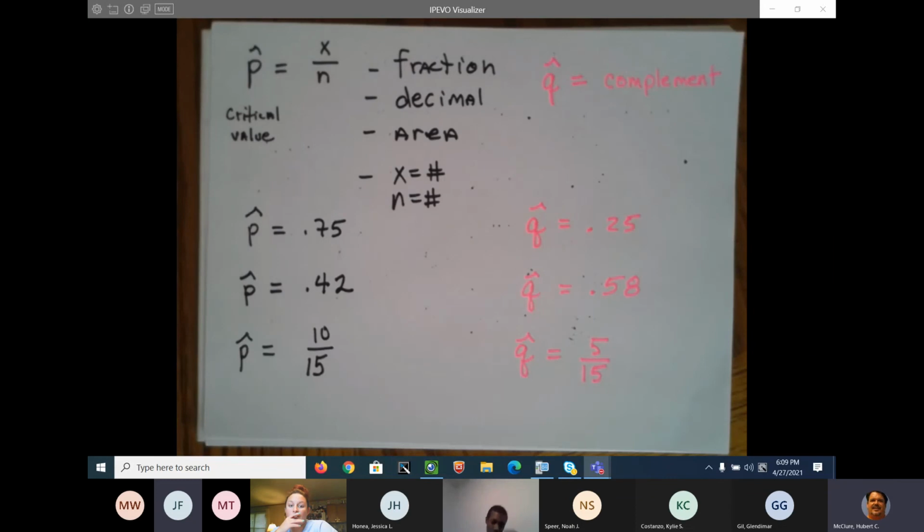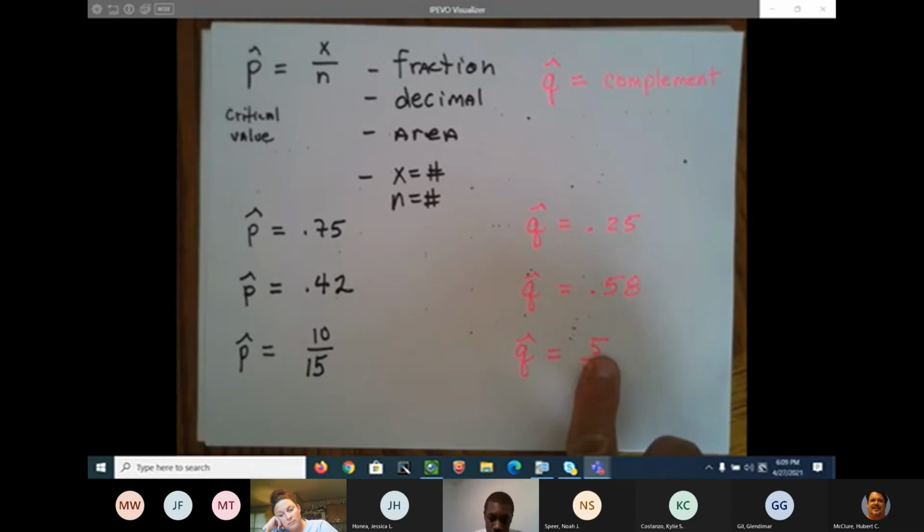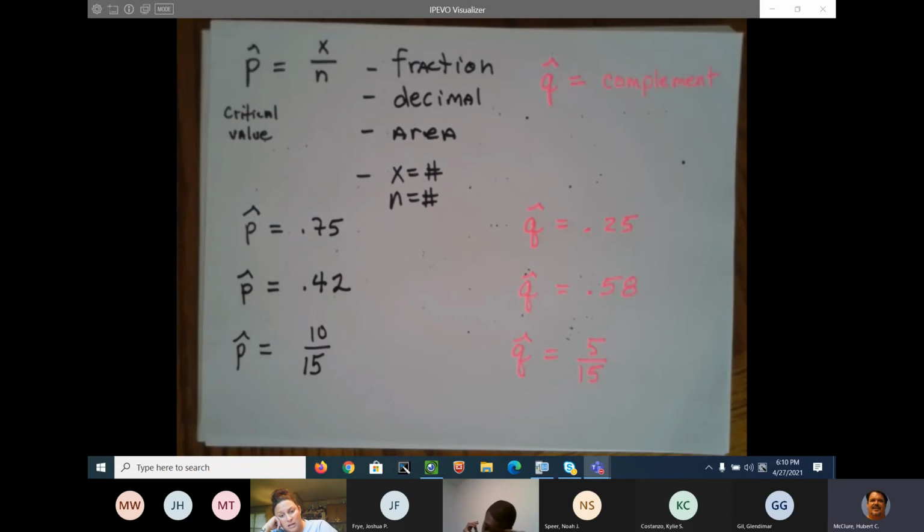So if my denominator is 15, what's the whole number? What's 1 whole? 15 over 15. If 1 is 10, then what's the other one? 5. Is that because 5 plus 10 is 15? There you go.